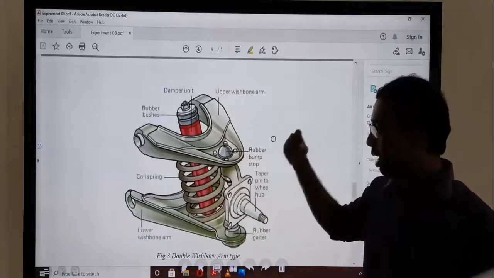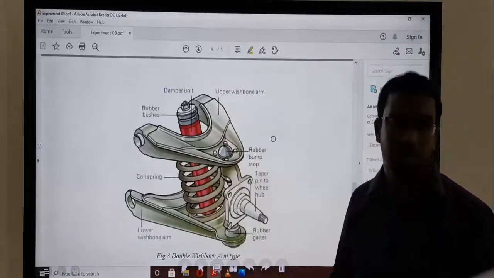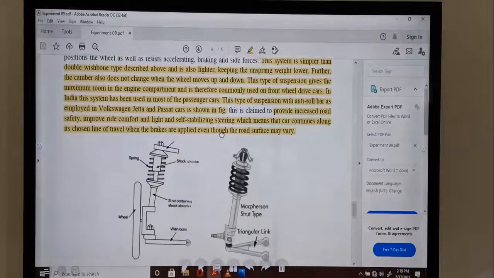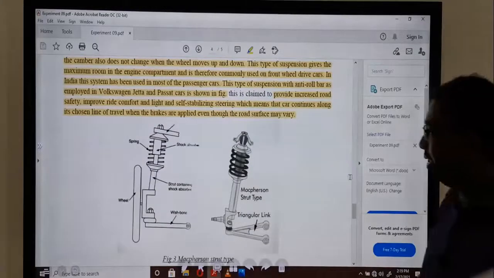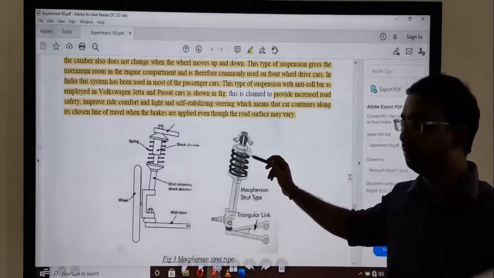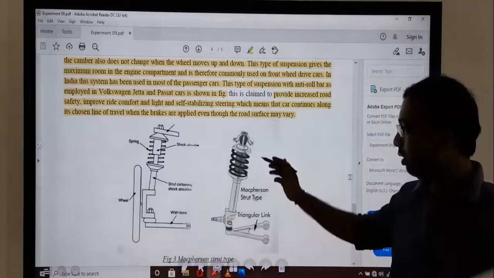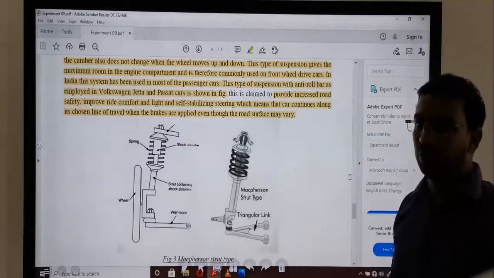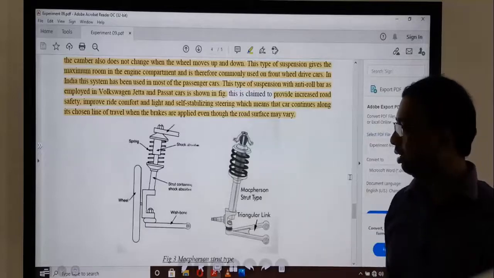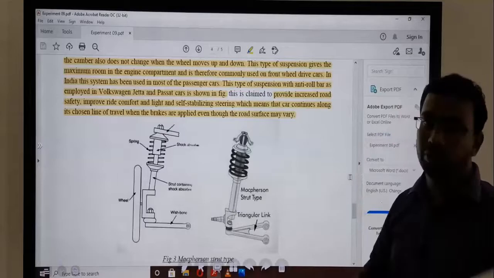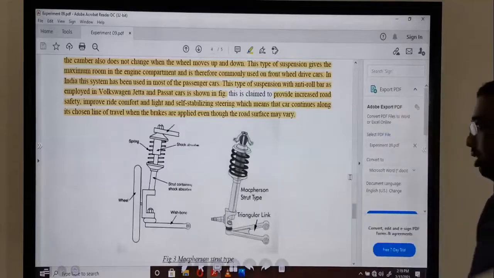The shock absorber is fixed in the coil spring. Here the coil spring is very small, and the shock absorber comes with the coil spring. So the size of the coil spring is also very small. This type of McPherson suspension is normally used in lighter or smaller vehicles.